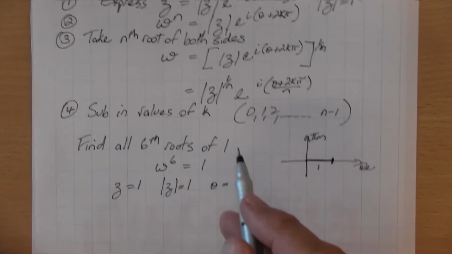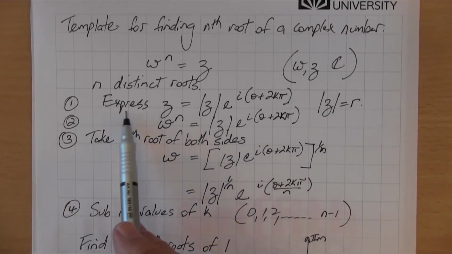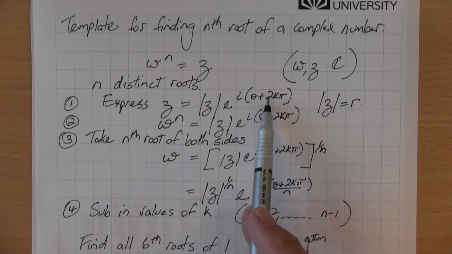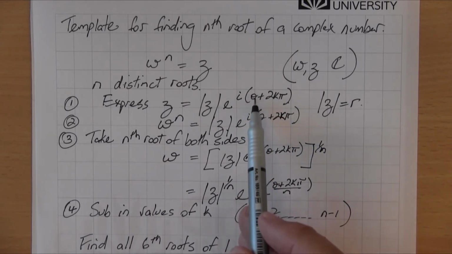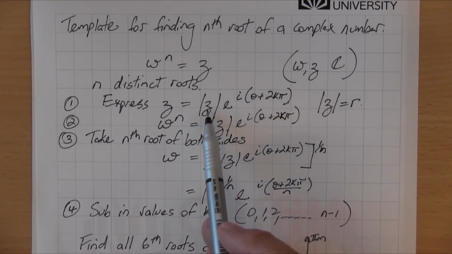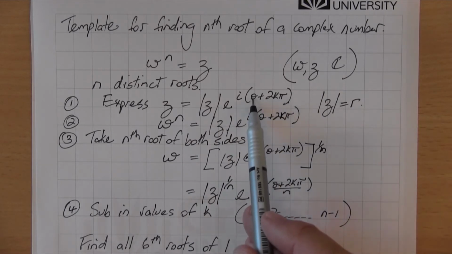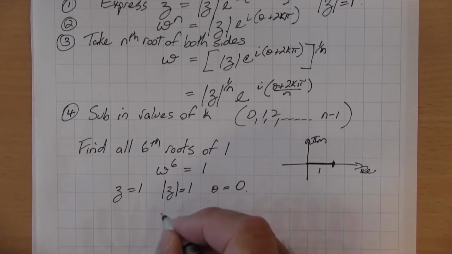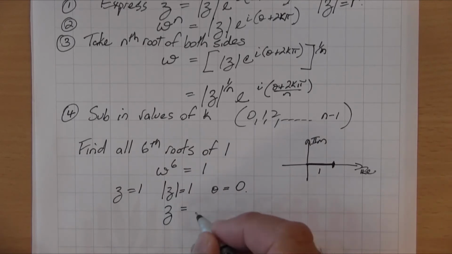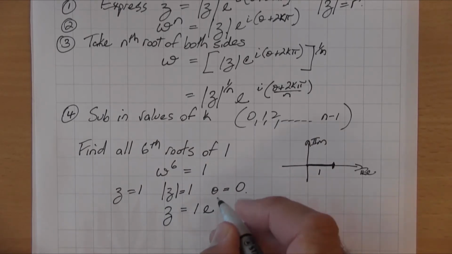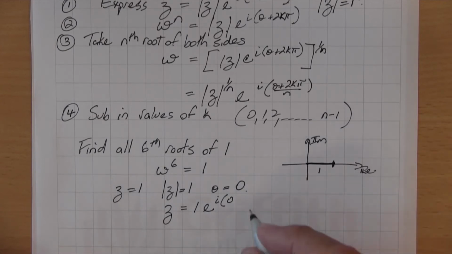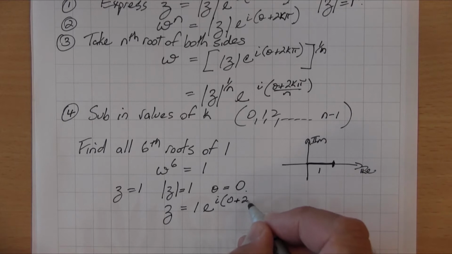So therefore, if we go back to our first one, express z in terms of mod z e to the i theta plus 2k pi. Mod z is equal to 1 and theta is equal to 0. So we can substitute in there. So we've got z is equal to 1 e to the i outside of theta is equal to 0 plus 2k pi.